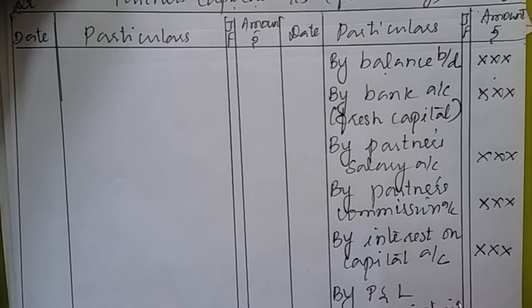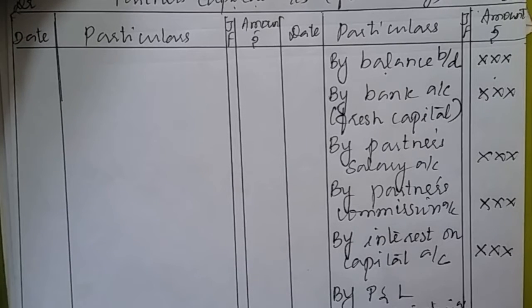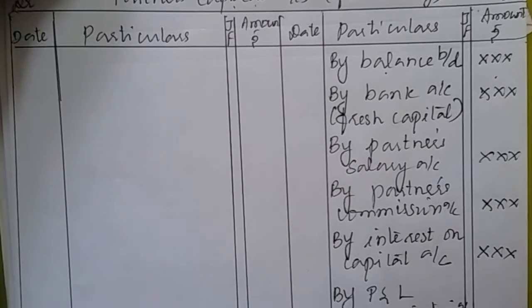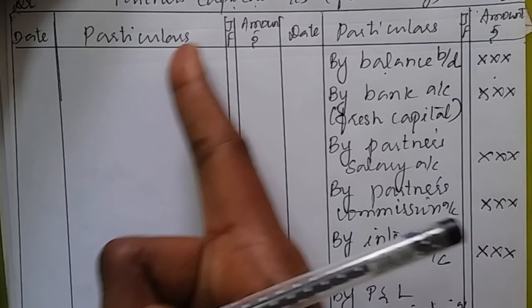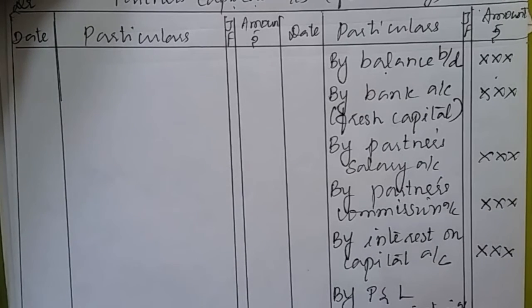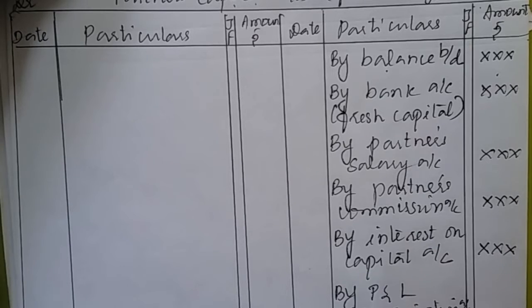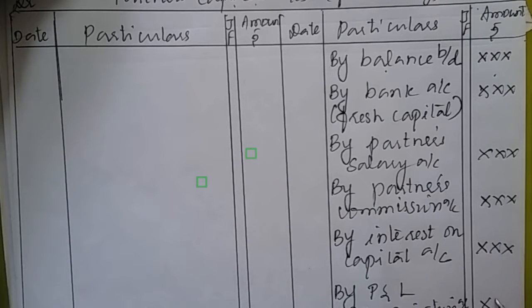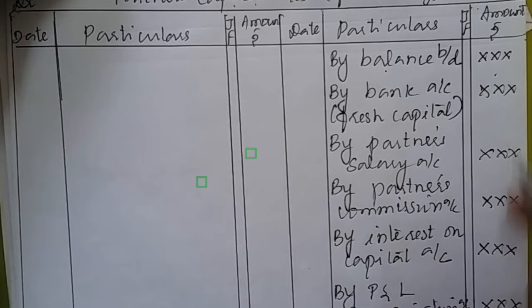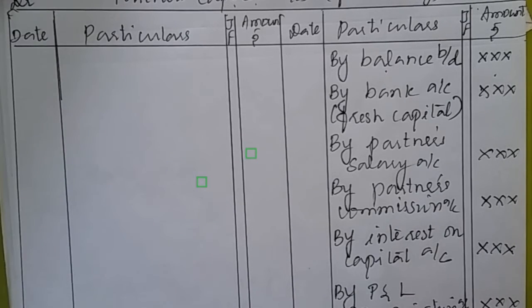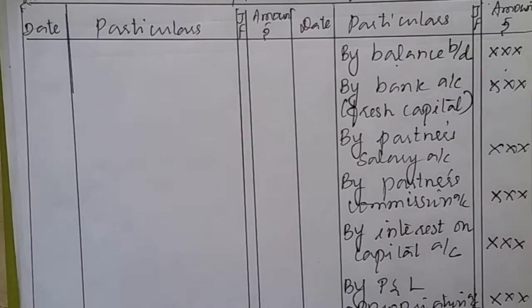If there is a share of profit in the P&L appropriation account, it should be transferred to the partner's capital account. Profit is a credit balance, so we show this on the credit side. So these are the credit values we have in the partner's capital account.